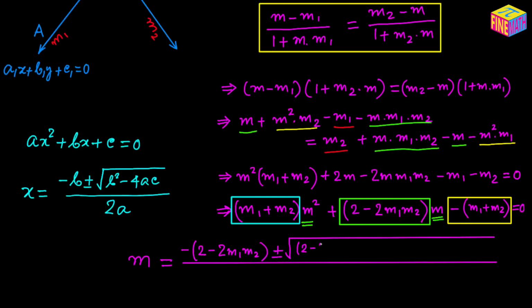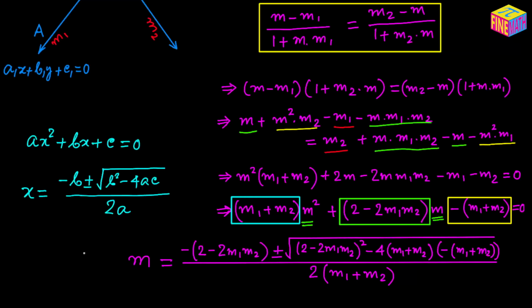So 2 minus 2 times m sub 1 times m sub 2 whole squared. That is our b squared. Minus 4 times a. What is a? Well, a is actually m sub 1 plus m sub 2. And what is c? c is actually negative of m sub 1 plus m sub 2. And all of that over 2 times a, well, that would be 2 times m sub 1 plus m sub 2, that is our a.